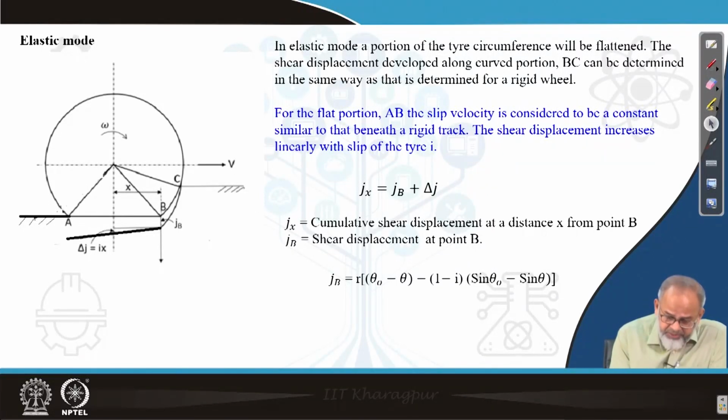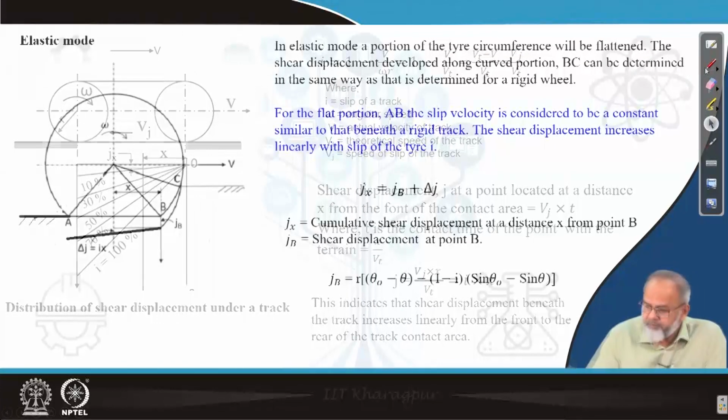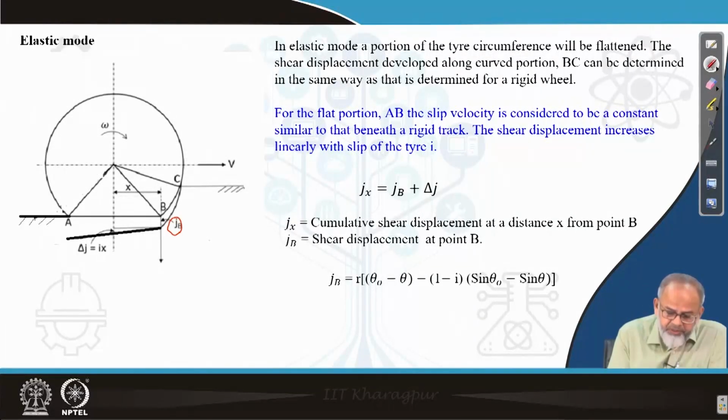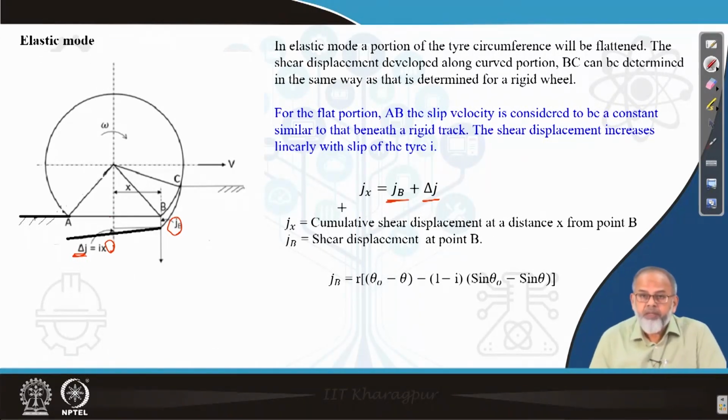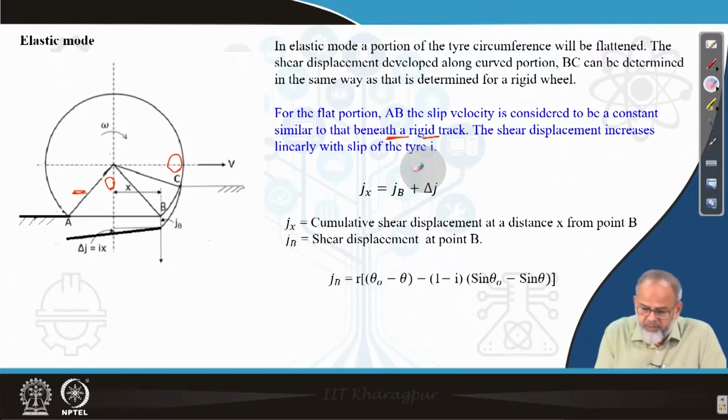If at B the total shear displacement is denoted as JB, and at a point, suppose X, starting from point B, we are interested in finding out the displacement at this point, then I have denoted that as delta J. So the total displacement up to point X will be JB plus delta J. So this Jx is nothing but the cumulative shear displacement at a distance X from the point B. Now we will consider two things, one is the curved portion, the other one is the flat portion.